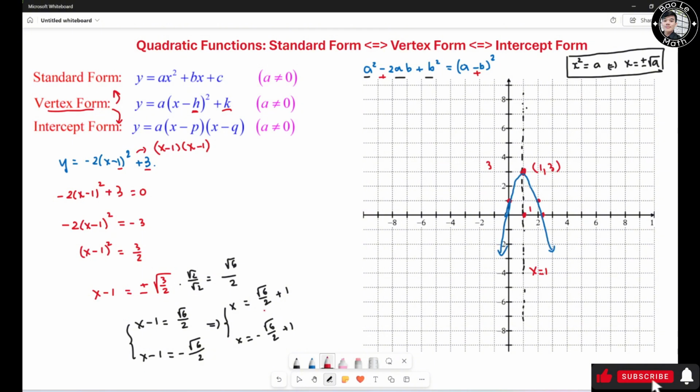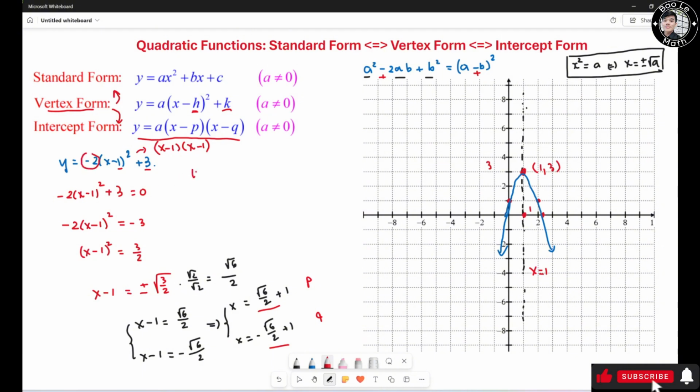Now from this 2, 0 right here, we can write the quadratic function in intercept form, which is y equals a times s minus p times s minus q, right? So this is my p, this is my q, and a is never changed, which is negative 2.